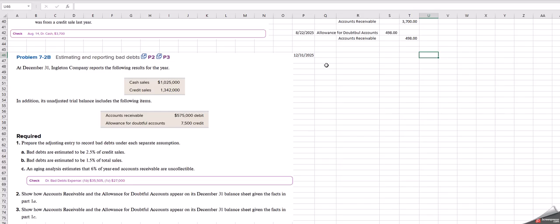If we're assuming it's 2.5% of our credit sales, we are going to take our credit sales of 1,342,000 and then multiply that by the 0.025. So then I'll put it in here. We're going to debit bad debt expense, and then we're going to credit the allowance for doubtful accounts.